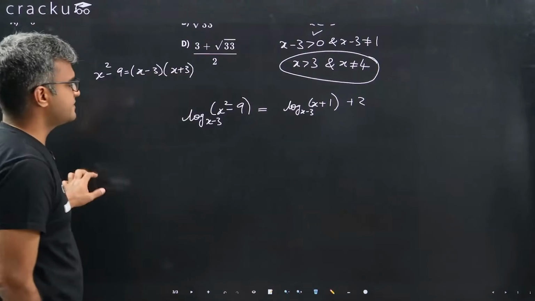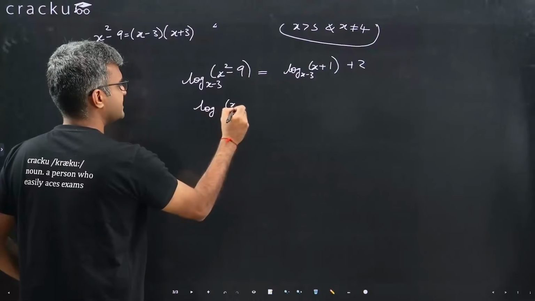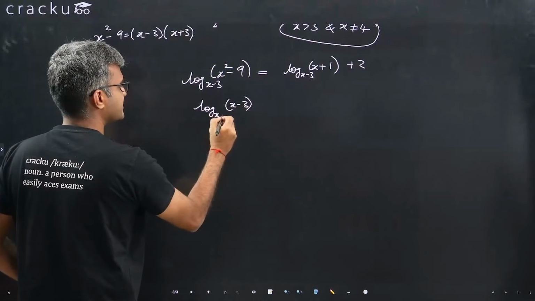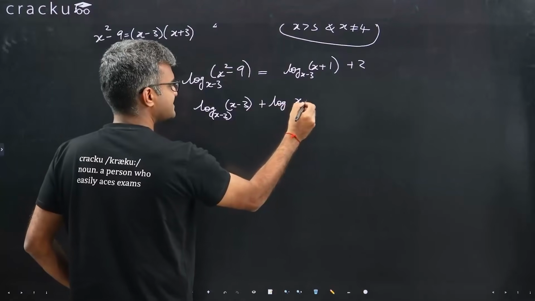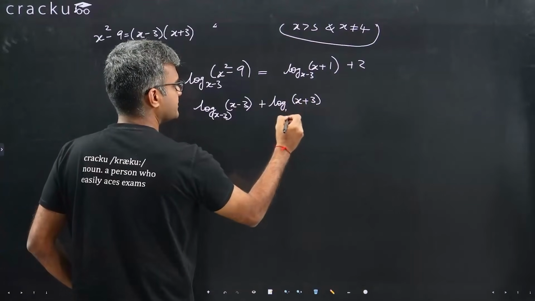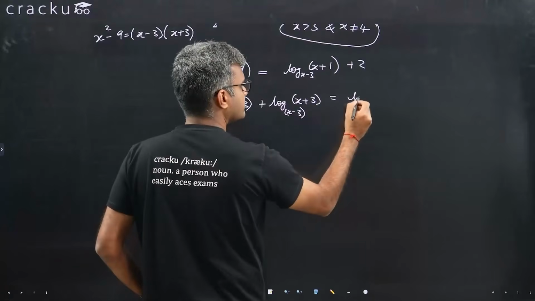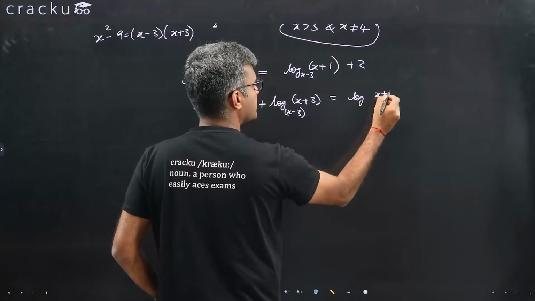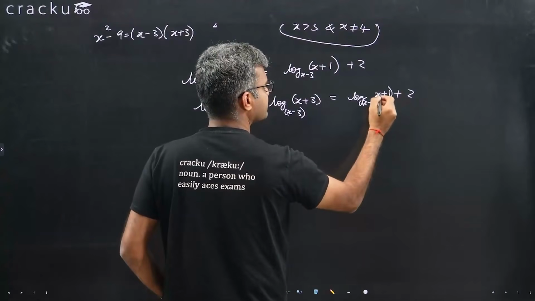So the left hand side can be simplified to equal log of x minus 3 to the base x minus 3 plus log of x plus 3 to the base x minus 3 is equal to log of x plus 1 to the base x minus 3 plus 2. This is the equation that we have.